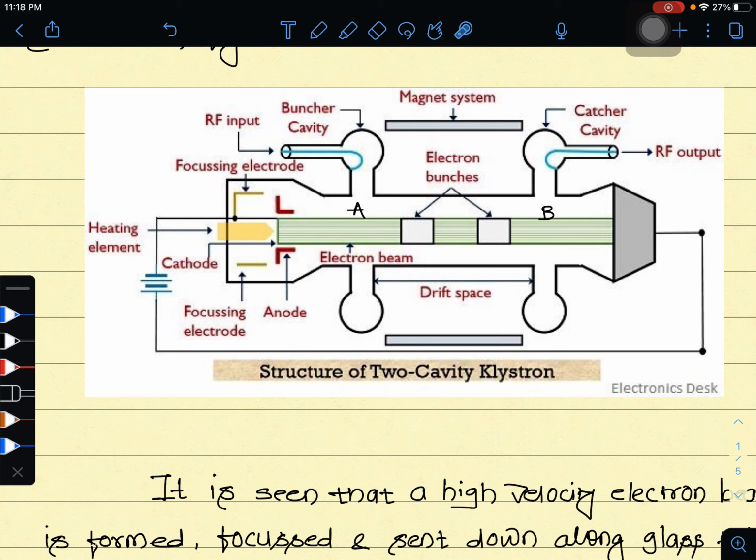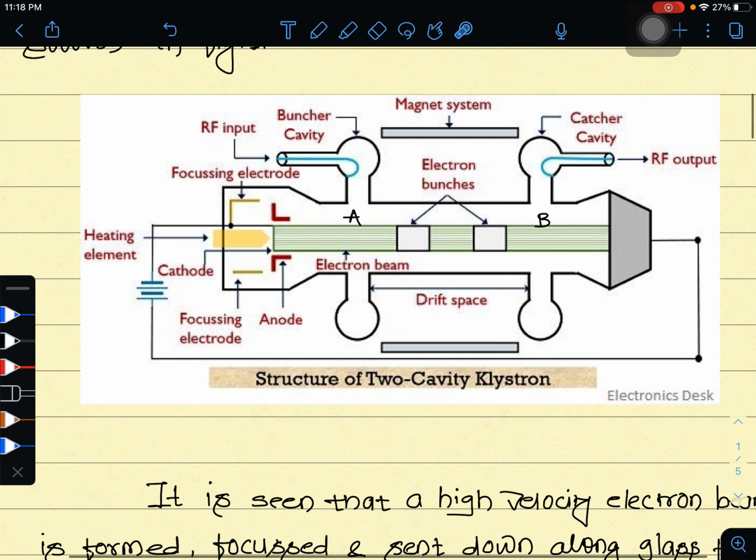That means if the accelerating potential is maximum, the electron velocity is also maximum. The beam accelerating potential decides the velocity of the electrons.